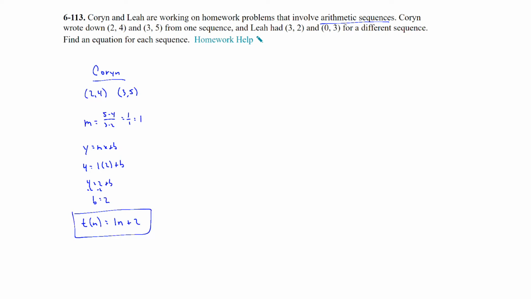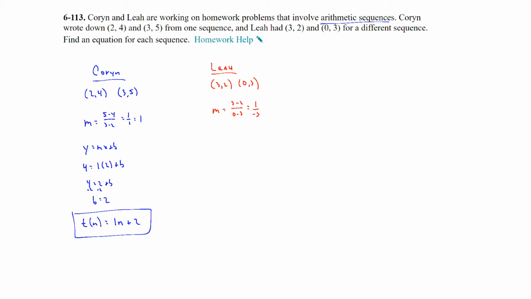Now if we compare that to Leah, she is using the points 3, 2 and 0, 3. Now Leah, actually, we have the initial value on hers because 0, 3 is where it starts. But we still need to find the slope. So we'll do 3 minus 2 and 0 minus 3. So it looks like we get 1 over negative 3.